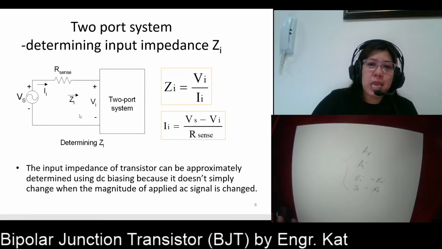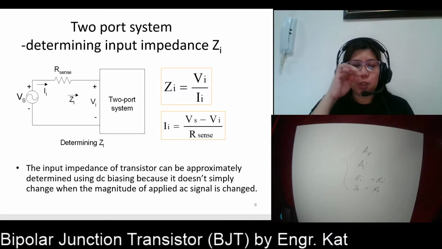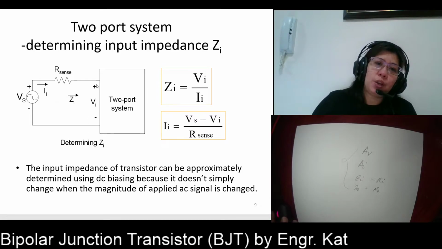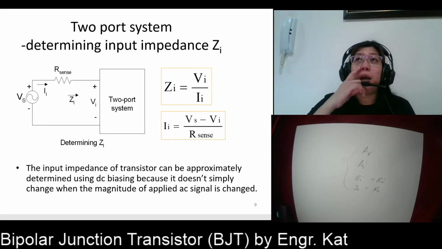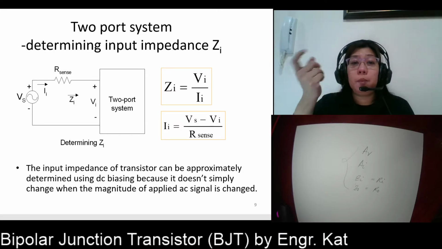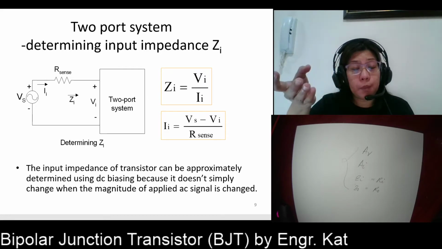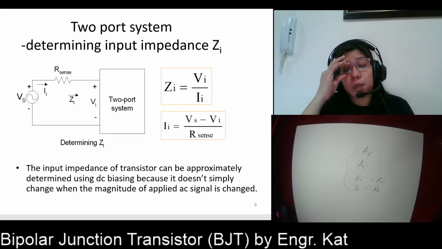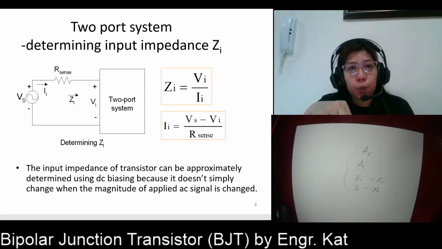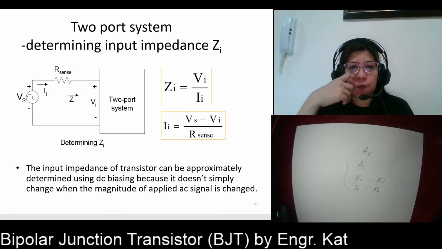So your ZI is equivalent to VI divided by II. You can measure this using your AC voltmeter or your oscilloscope. It can be peak to peak, peak voltage, or RMS value, depending on the AC parameters you are using. Usually, with the oscilloscope, we can see the peak value or the peak to peak value of your input.